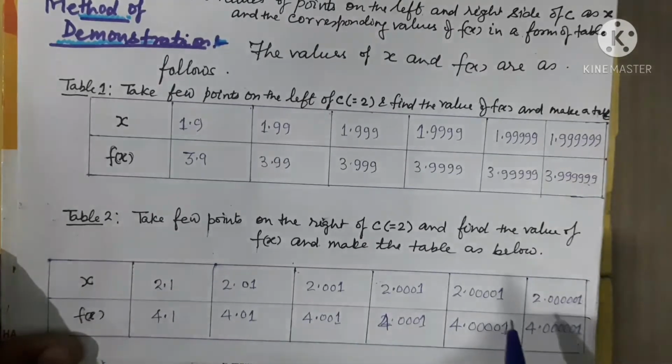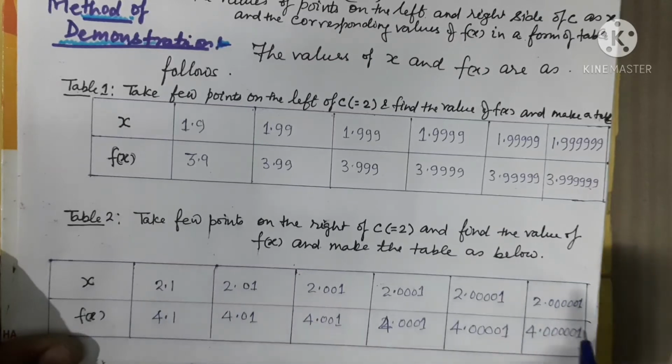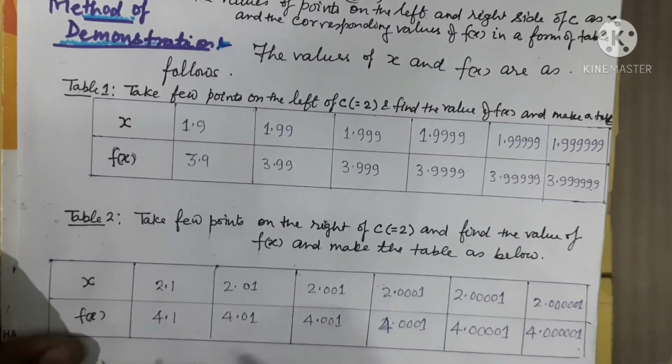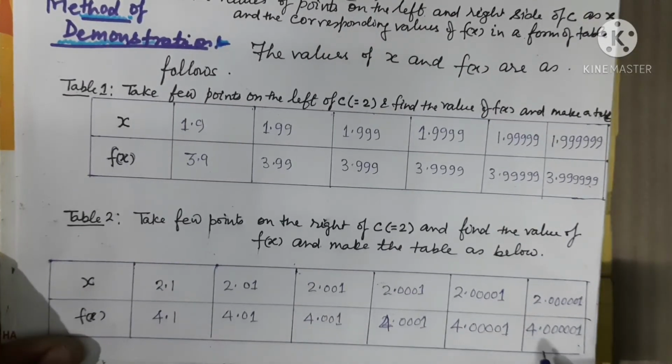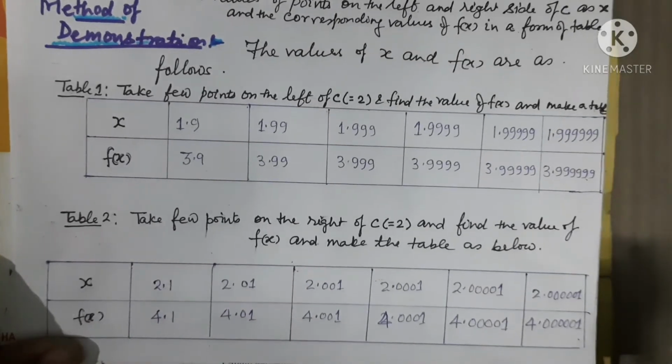It means if you take the value of x from 2.1 to near the point 2, then f(x) becomes 4 from 4.1 to 4, which is close to 4.